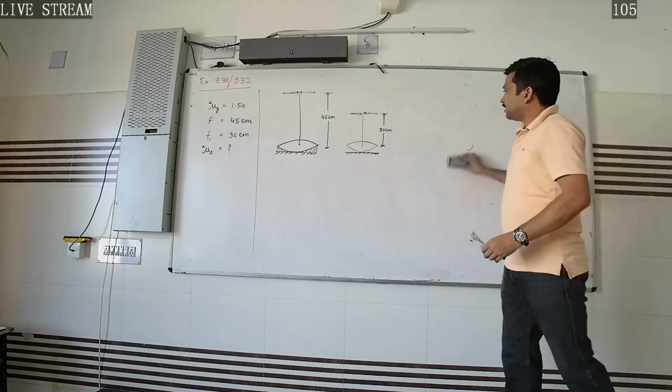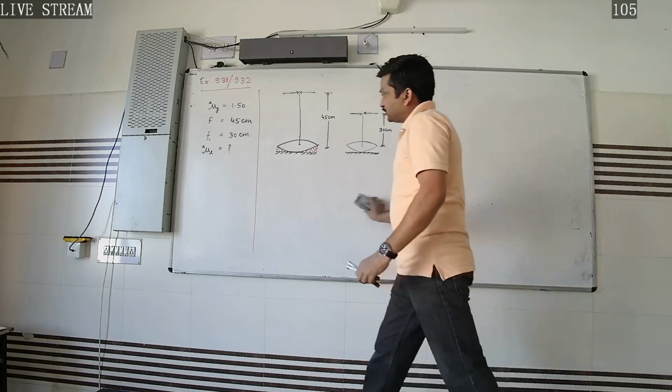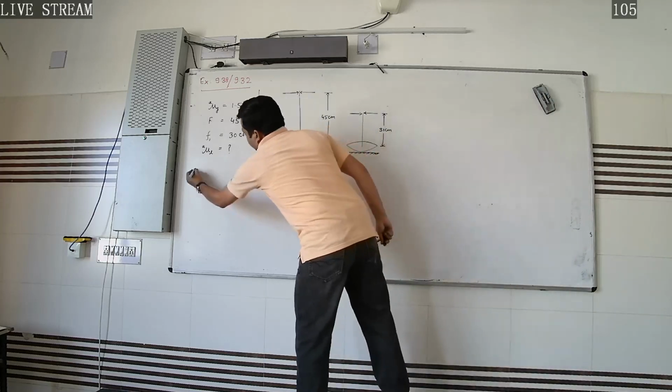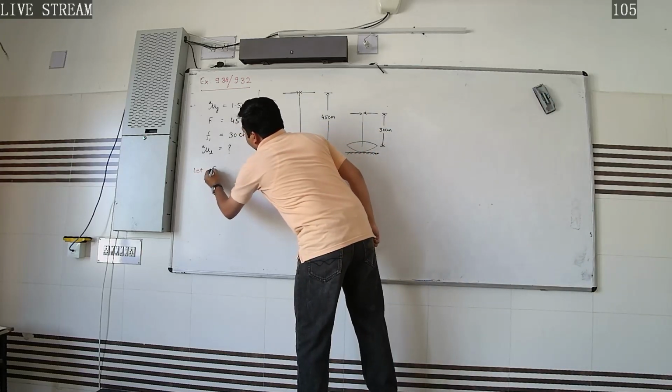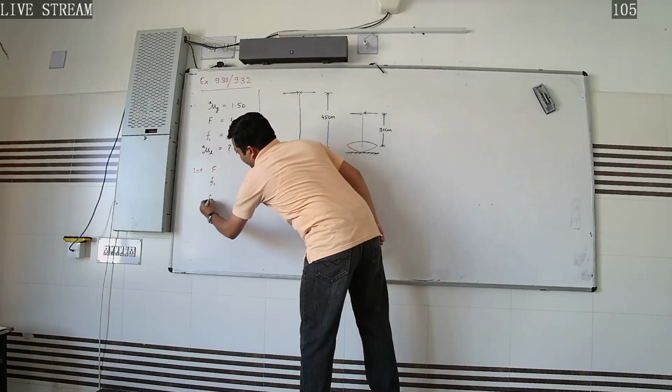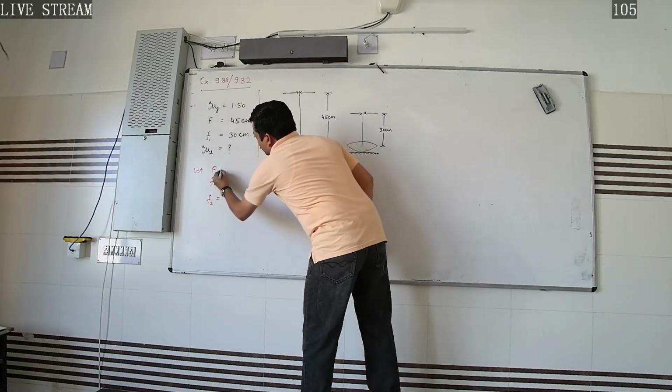First of all, I am going to make some considerations. What are the considerations? That is, what about this capital F, what about f1, and what about f2?